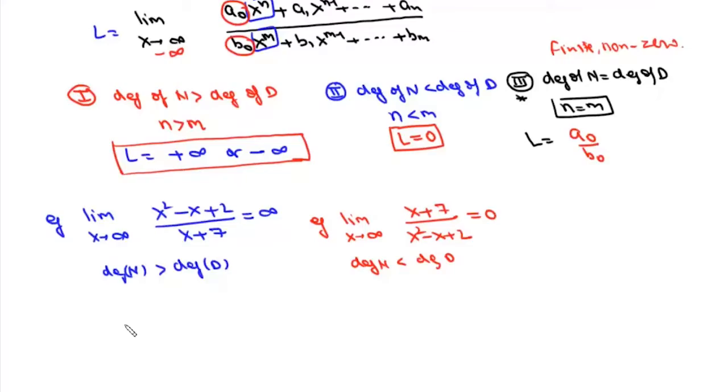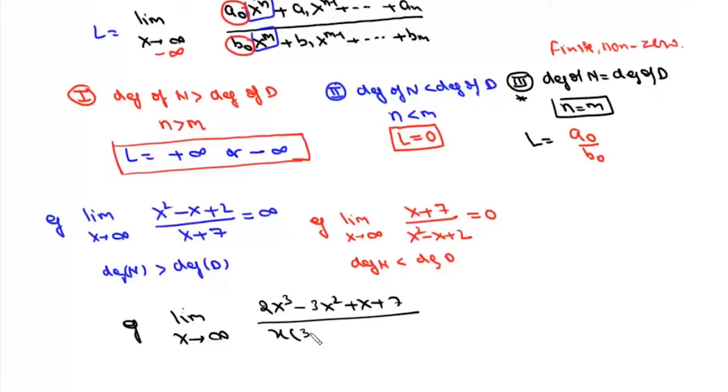And finally, this third case, when we have this limit, x tends to infinite, (2x cube minus 3x square plus x plus 7) upon (3x plus 1) into (2x minus 5).